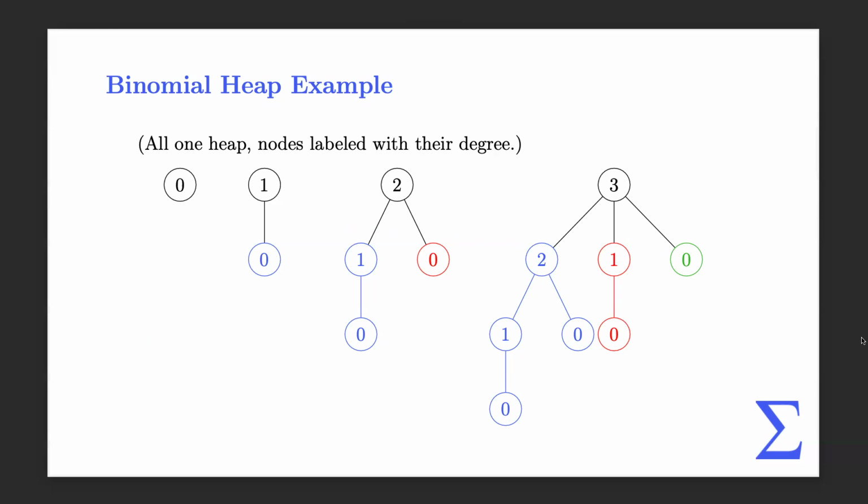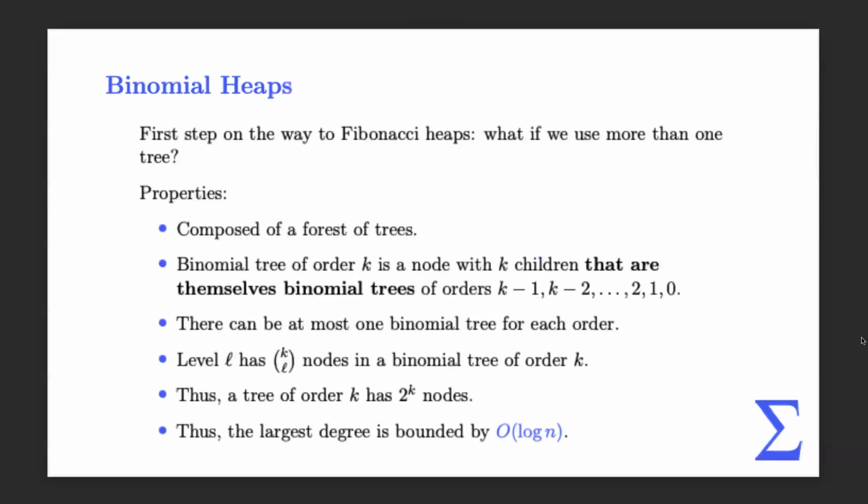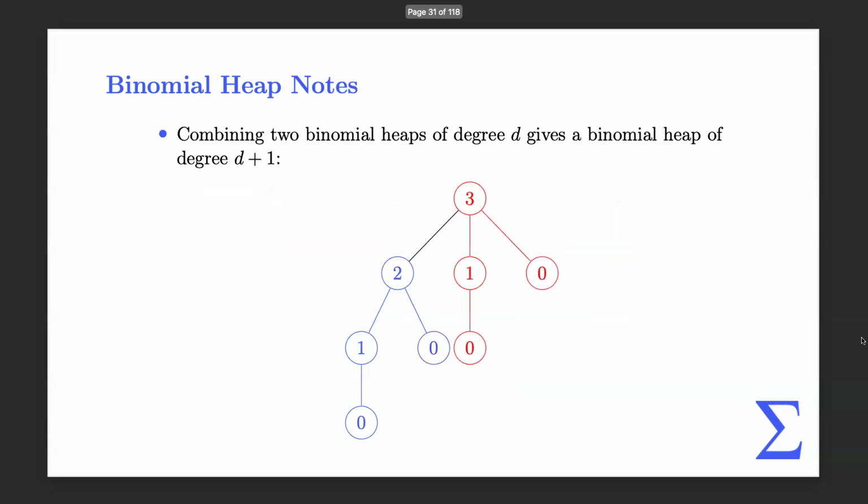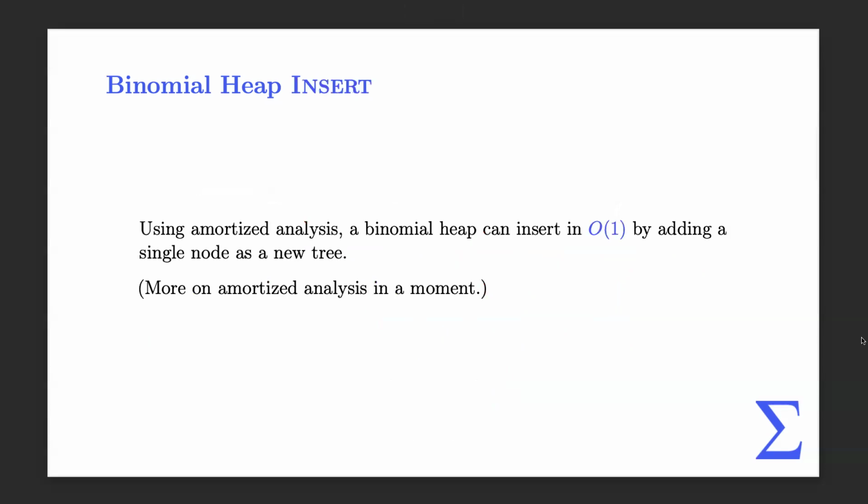It does get a little more complicated: I said here that there can be at most 1 binomial tree for each order. If you create a new tree that's just a root, that's order 0, and we already have one of order 0. So you would combine them and merge trees and do some accounting, and it's kind of complicated. We're going to see something similar when we look at Fibonacci heaps. That's why you need the amortized analysis to have it be constant, because it's a little bit more than just creating a tree.